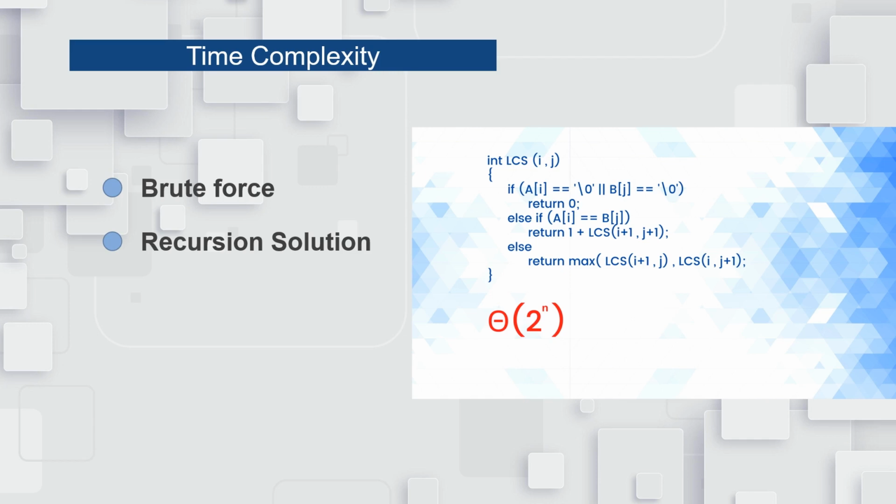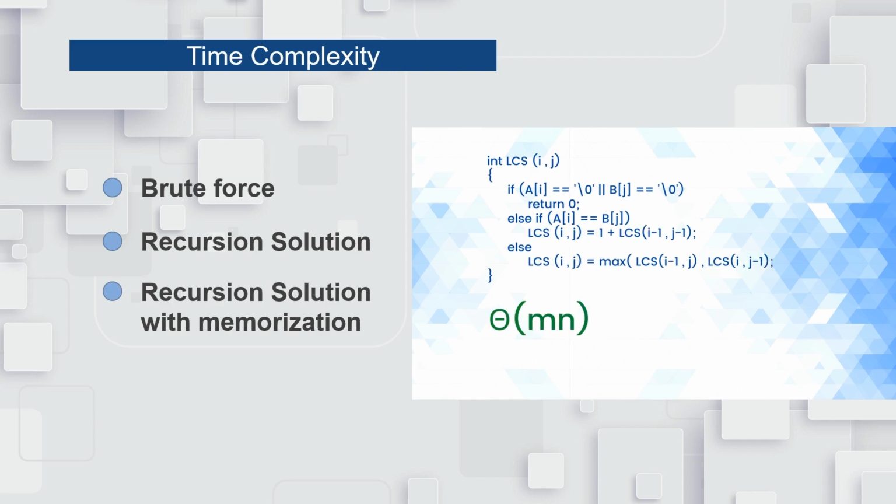But this approach also has an exponential time complexity, so we cannot use it either. But the memoization method that is used in the recursion method will surely reduce the time complexity to m into n. We will see this approach in the end of the video.